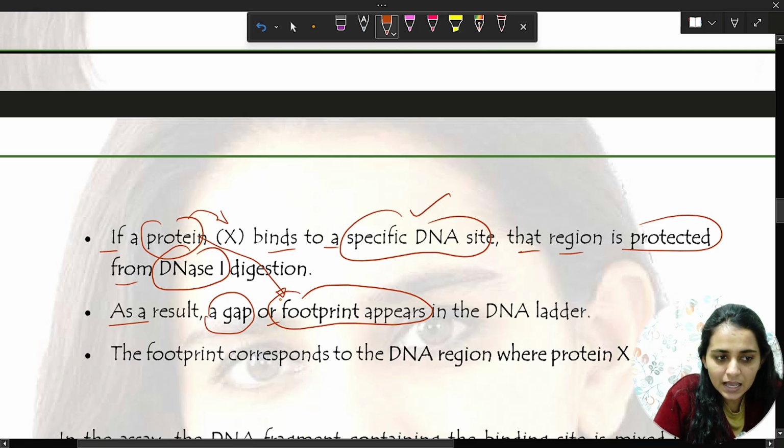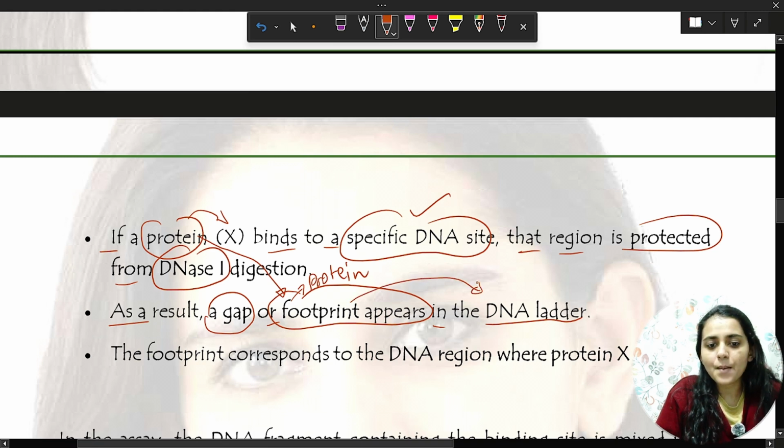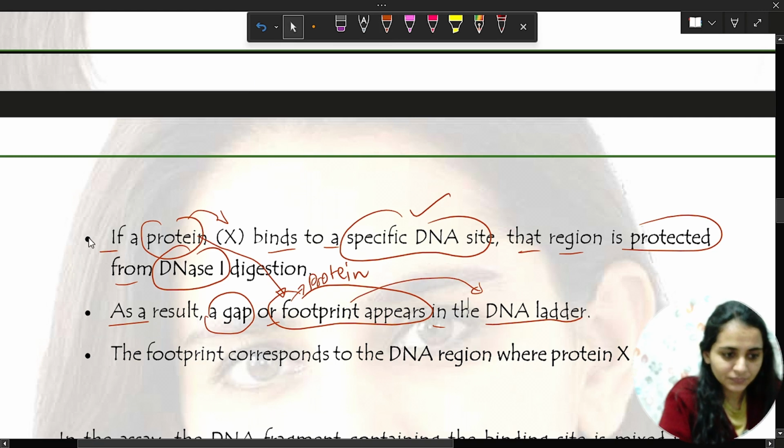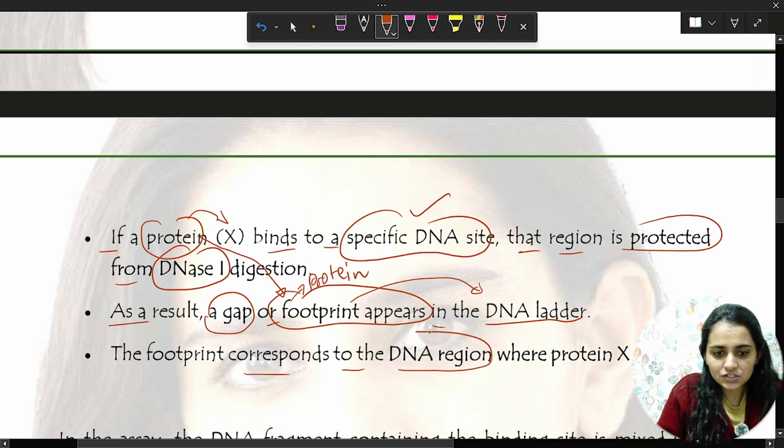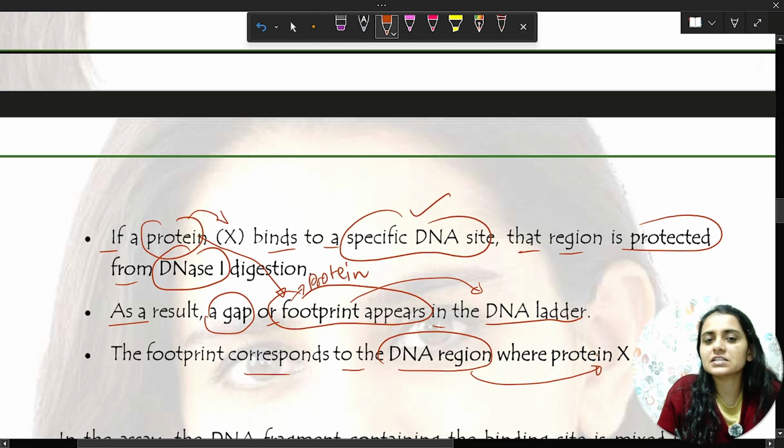So that gap or footprint is the protein present on that particular DNA sequence. In the DNA ladder, the footprint appears. We see a footprint corresponding to the DNA region where protein X is bound.